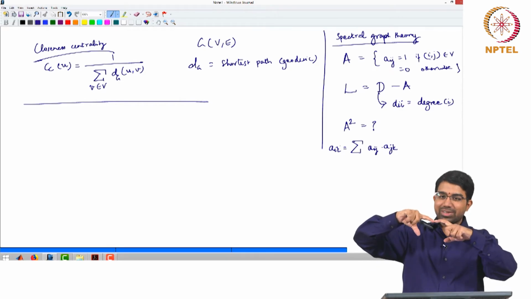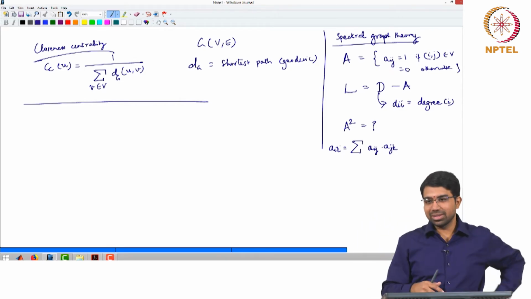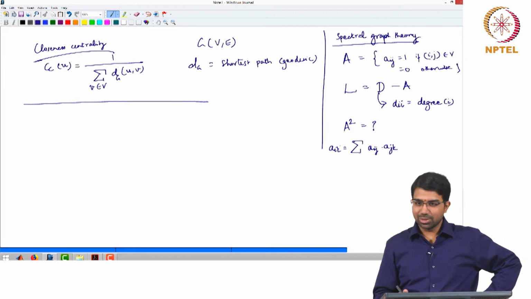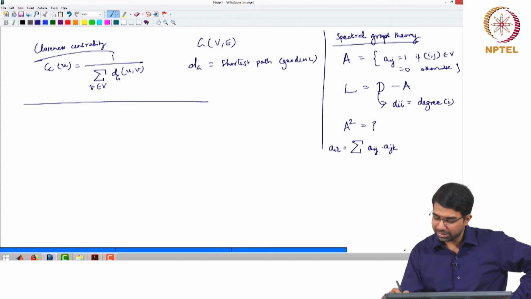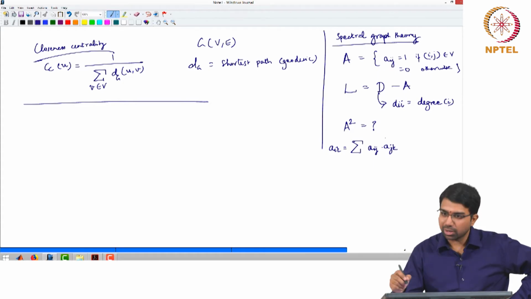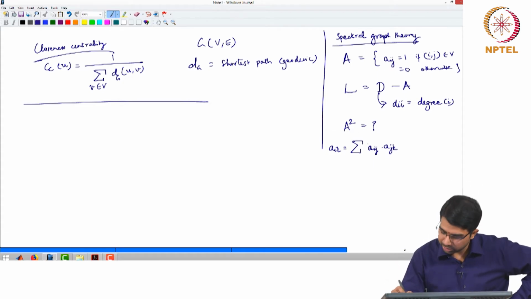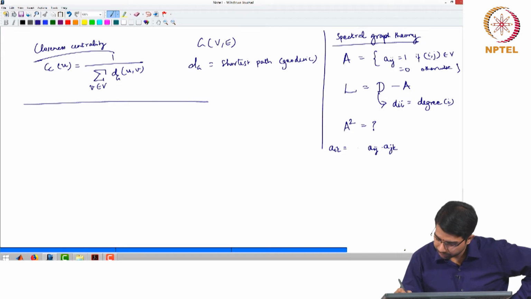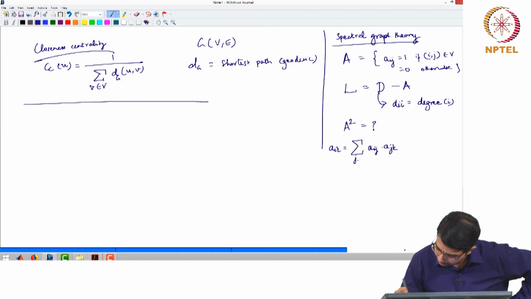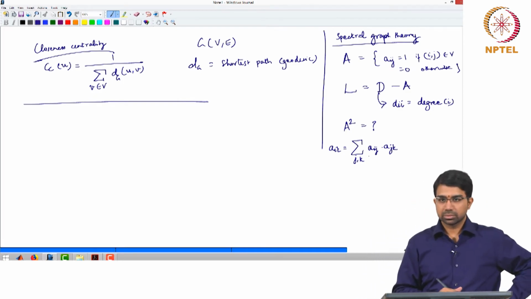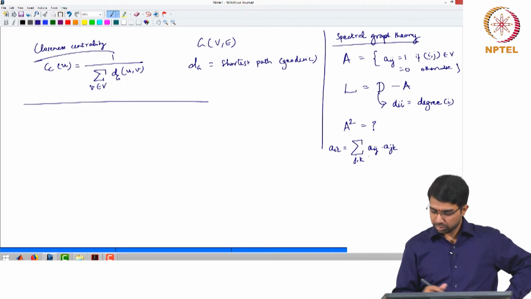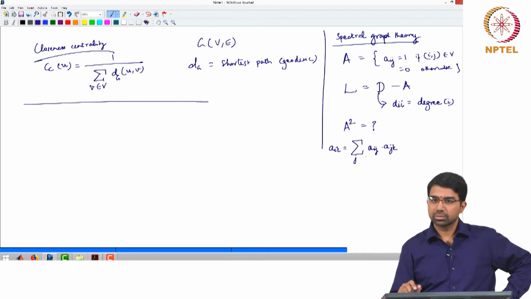So there are two ways of getting there. Just look at it closely and you will be able to see that. So the ikth element is going to be given by sigma a_ij a_jk. Sorry, not k, it is just j that is summed over.